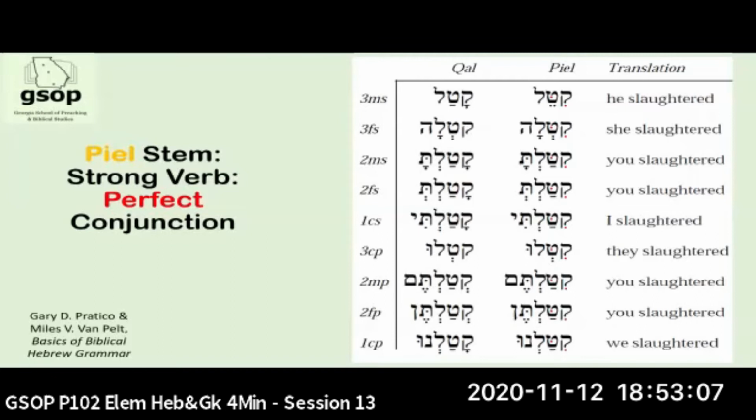Notice the red on the right there for the Piel column, with the hireq underneath the first root position, and the second root position has the red dagesh forte in it. Typically, the third masculine singular will have the tsere, but the rest will change in the second root position.